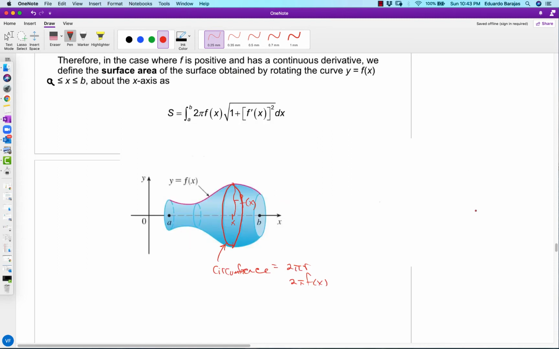Even though it was a lot of work to get to this final result, the final result seems to make intuitive sense, and it's actually not that difficult to work with, assuming, of course, that f of x is a suitable function that is differentiable, that we can find that derivative, plug it into this little formula, and that it's an integral that we can integrate. If all those things work out, if f of x is a nice function we can work with, then this shouldn't be too bad. Let's look at an example.